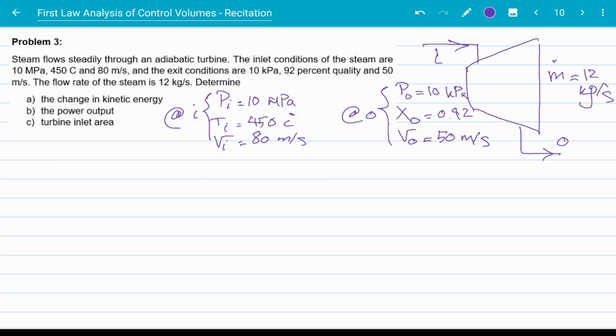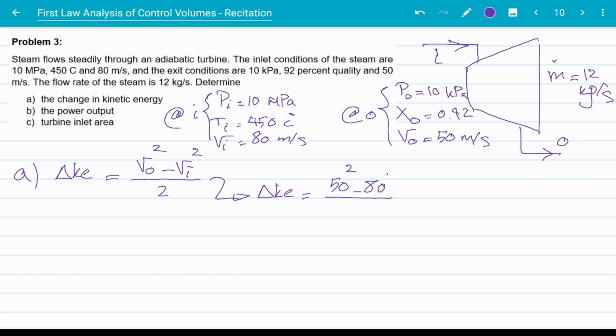So let's get started with part A, the change in kinetic energy. What we're actually looking for is delta KE, small letters, which is velocity squared at the outlet minus velocity squared at the inlet over 2. So you plug in numbers and we get delta KE is 50 squared minus 80 squared over 2.